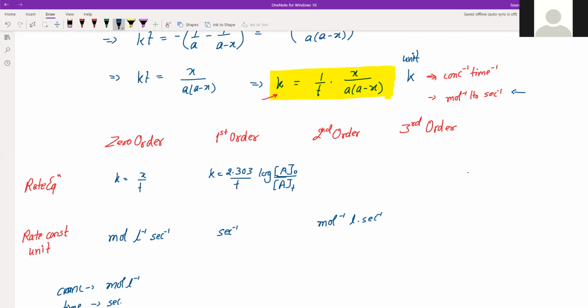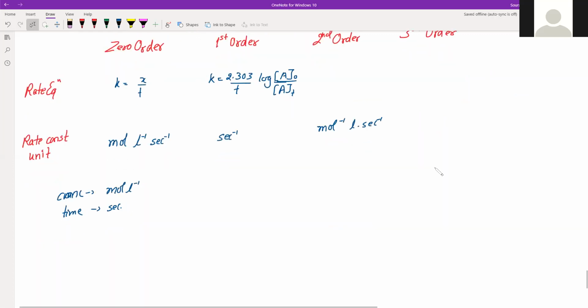Now, if we see this, there is a sequence here. If you are able to observe, there is a pattern. This is mole per liter to the power 1 into per second. This is per second, that is actually mole per liter, the concentration term, to the power 0 and per second.